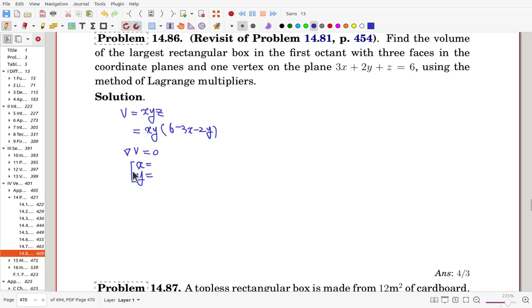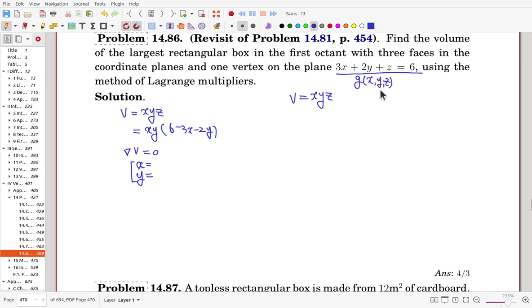Now we'll try to use the method of Lagrange multipliers for this problem. The same way, the objective is v, that is x, y, z, and the constraint is this one, so that is g of x, y, z.